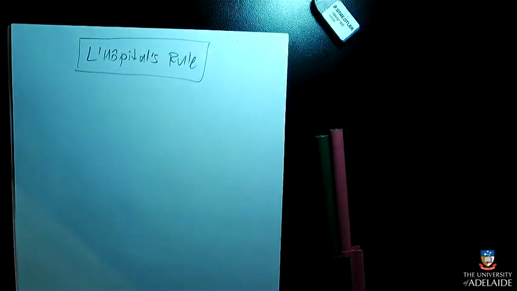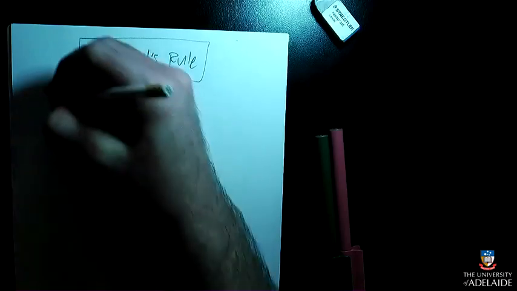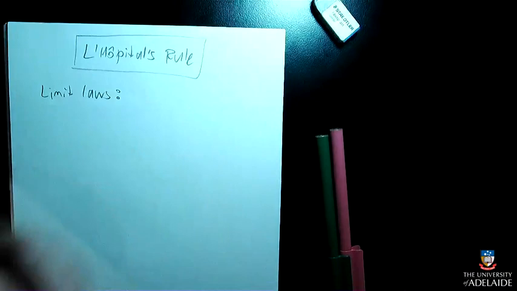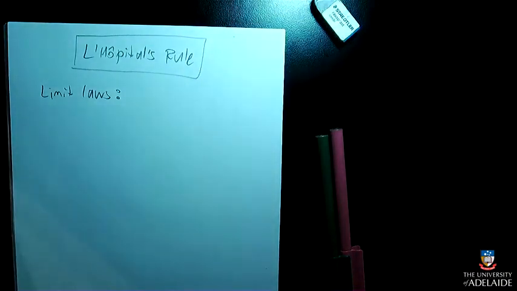So, L'Hopital's rule is something specifically for dealing with limits in the situation when you don't know what the limits are. So just to back up with limits, the limit laws sort of go that as long as you can sub it in and not get anything horrible happening, then you just sub it in and that's the answer for your limit.